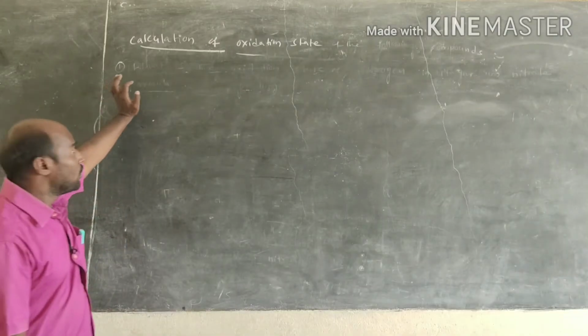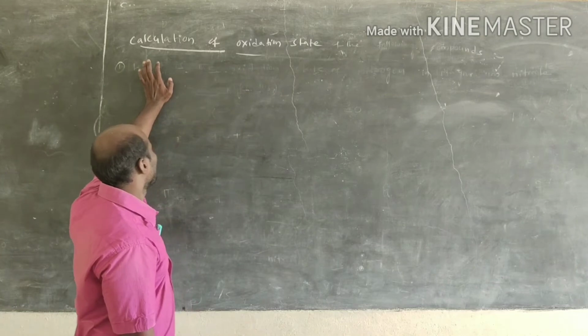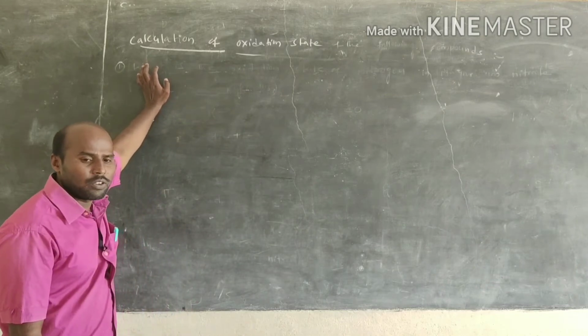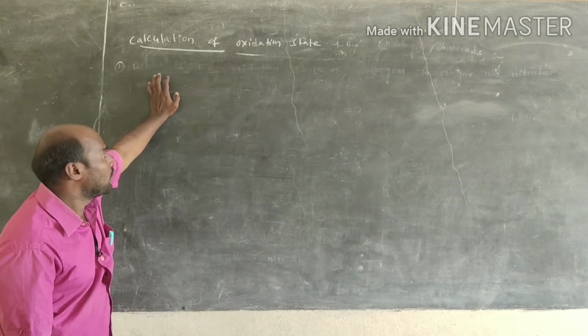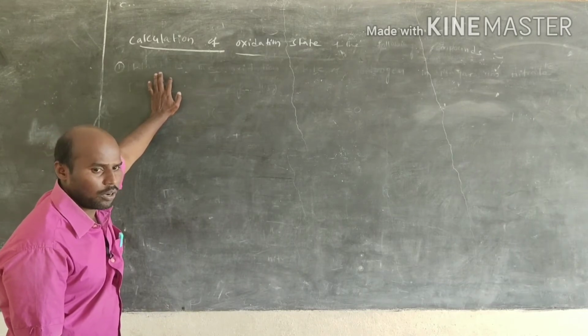Now, previously we found the oxidation state in a compound, in a neutral compound.